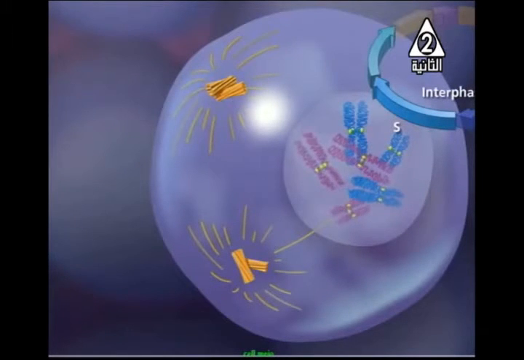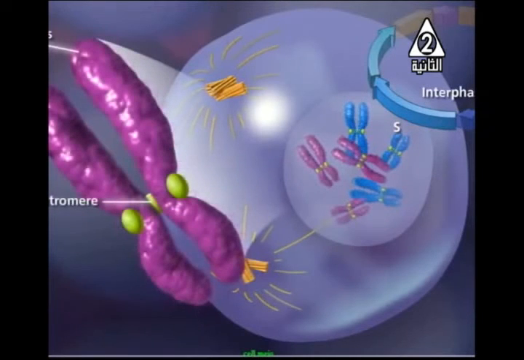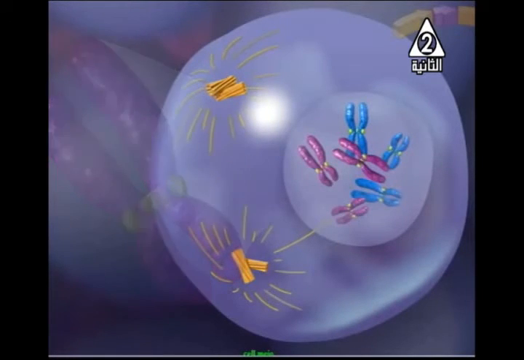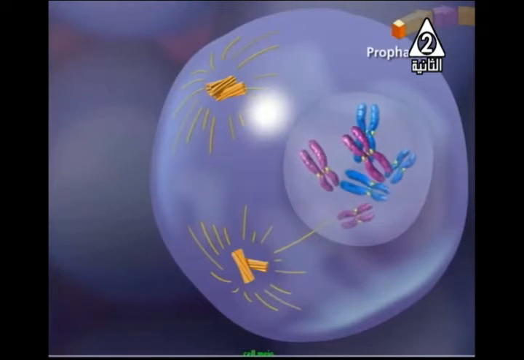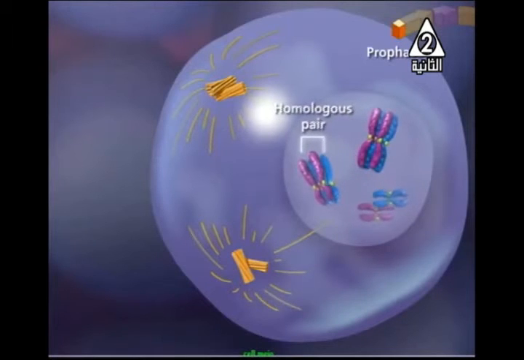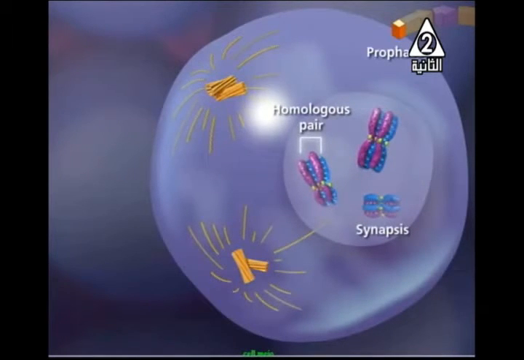The chromatin reticulum condenses to form chromosomes, each consisting of two chromatids and the centromere intersecting them. Then the chromosomes connect together to form the tetrad or the homologous pair. All these occur in prophase 1 of the first meiotic division.